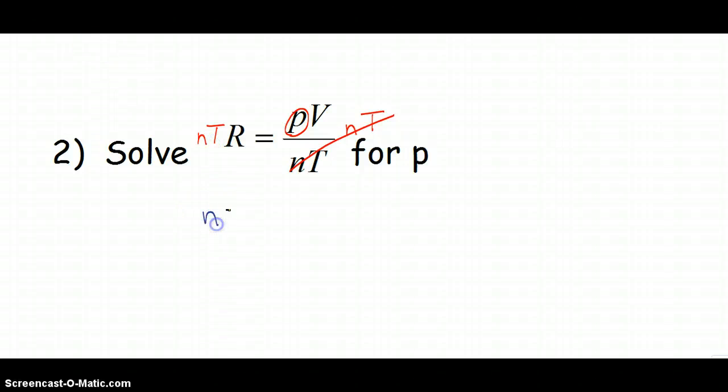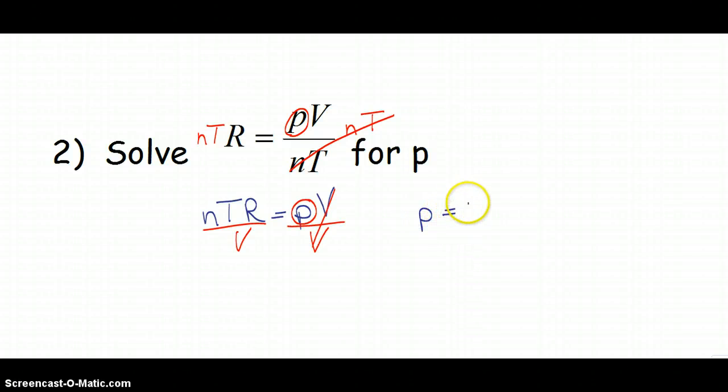So now we have NTR is equal to P times V. I still want to get P by itself. Now V's in the way, so I'm going to divide both sides by V. So my final answer is P is equal to NTR over V.